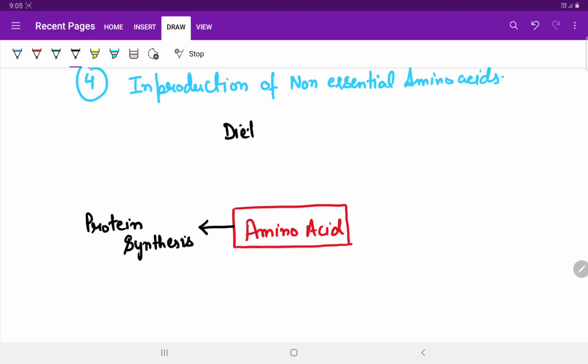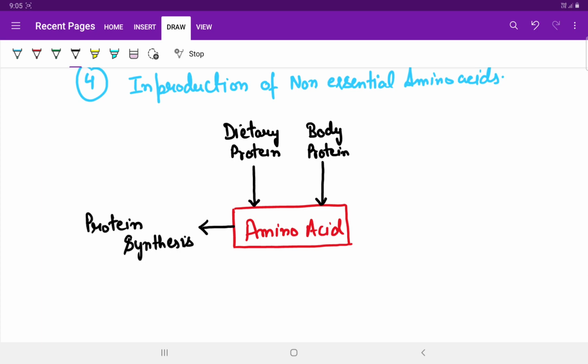This amino acid comes from the dietary protein, or it may be a part of body protein. So it's clear to you that this amino acid comes from two sources, either from our body or from the diet that we intake.